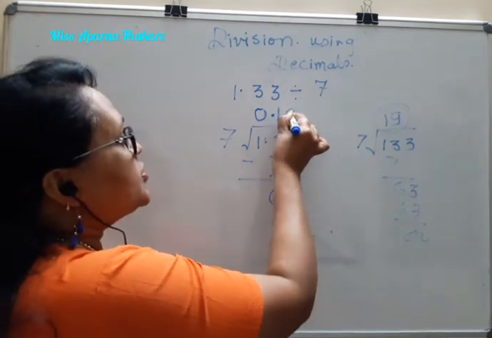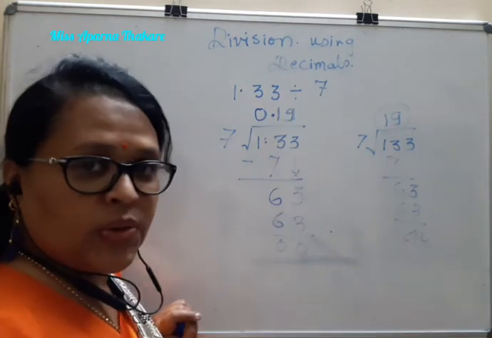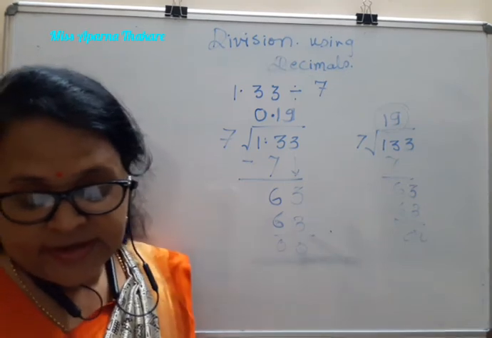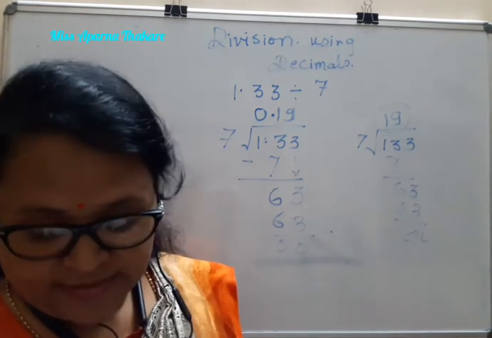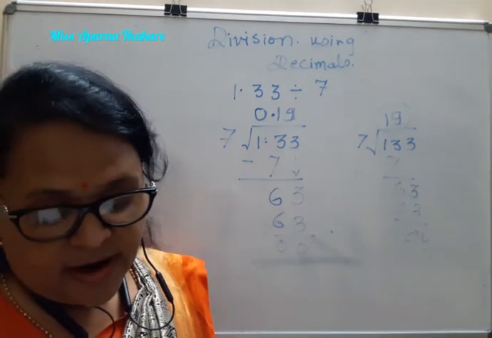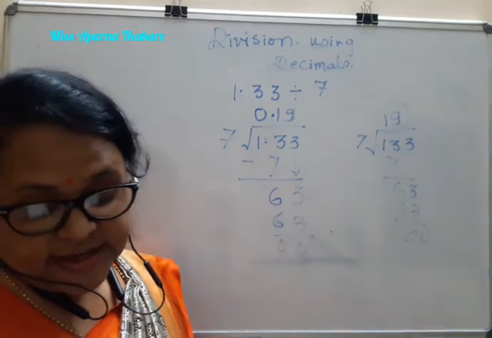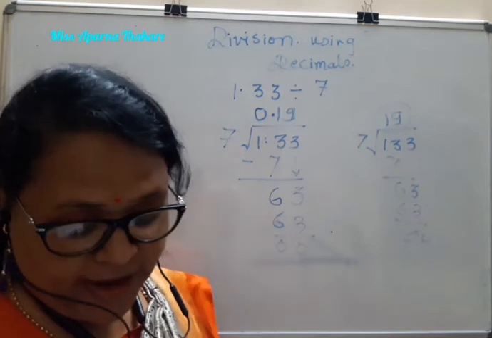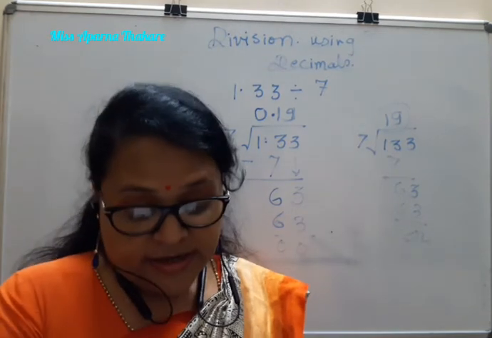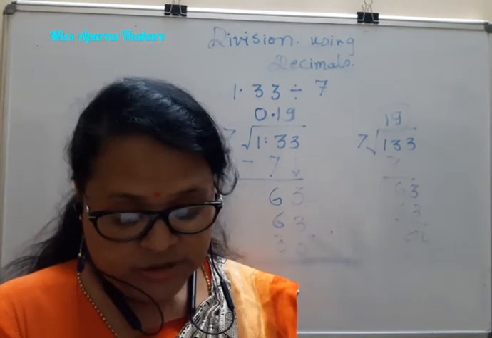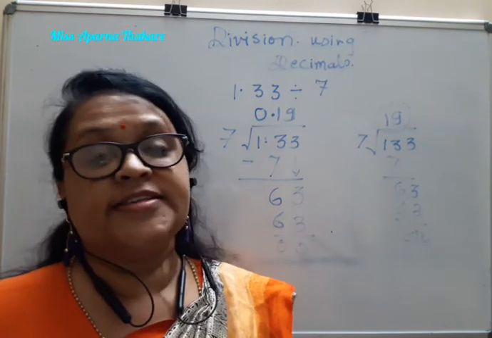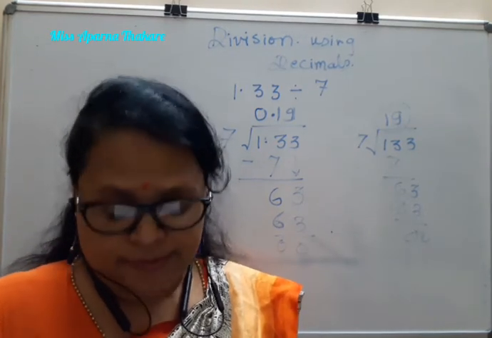We can check: 0.19 multiplied by 7, divisor multiplied by quotient equals the dividend, plus remainder if there is one.